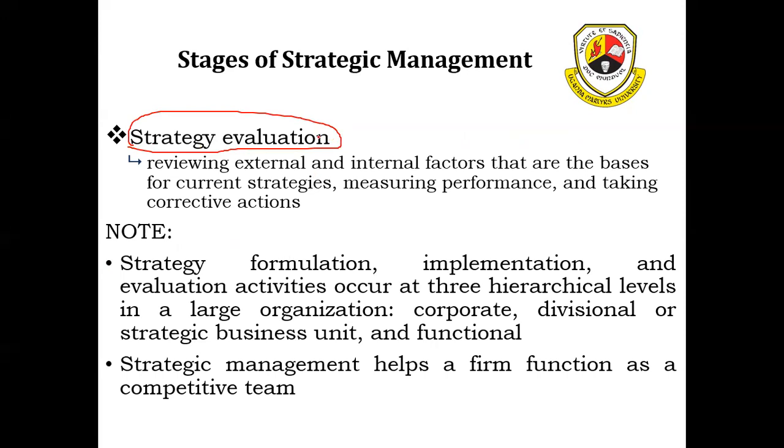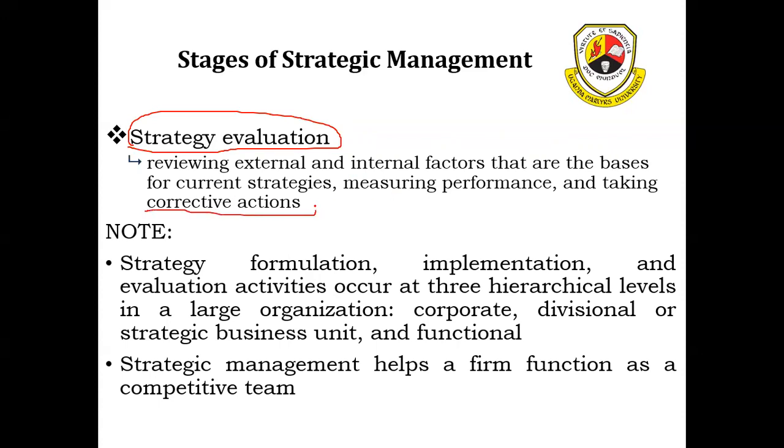When we were formulating our strategy, one of the things we got were the internal and external factors that may affect the organization. You get the current situation, and then the future. So you are evaluating yourself against the internal and external factors and against the objectives you wanted to achieve.